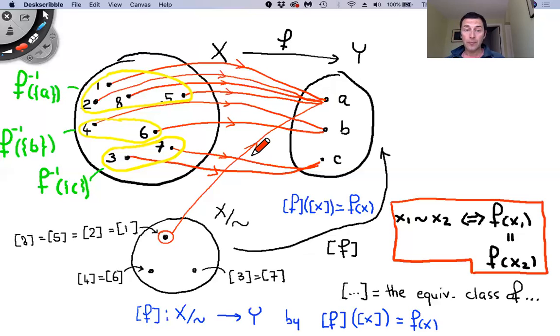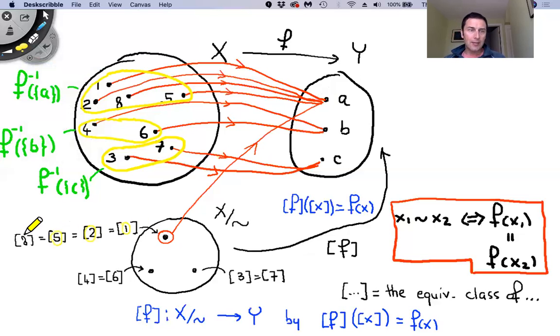Okay. Now, of course, we need to worry, right? We need to worry because, you know, we used 1 to see where to send this dot, but we could have used 2, we could have used 8, and we could have used 5, right? Because these are 4 different names for this dot.